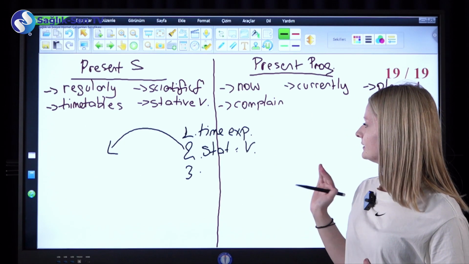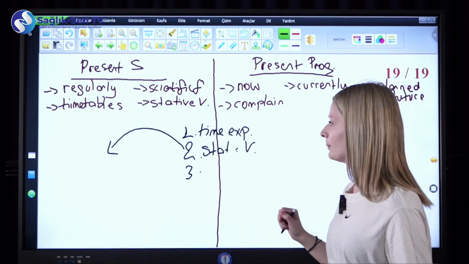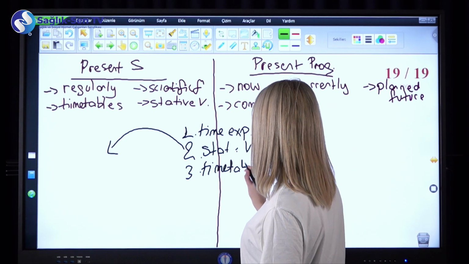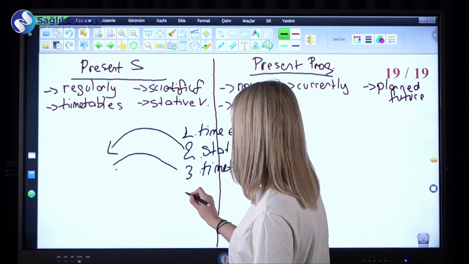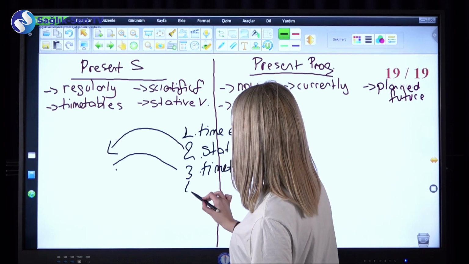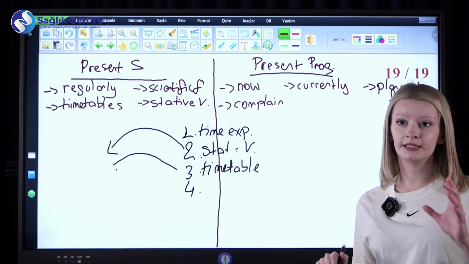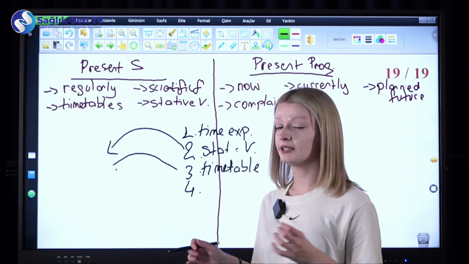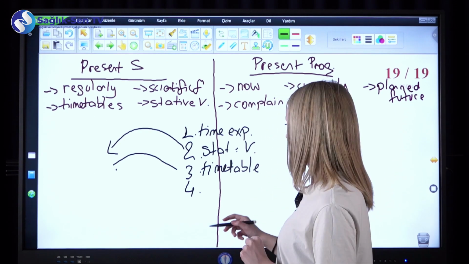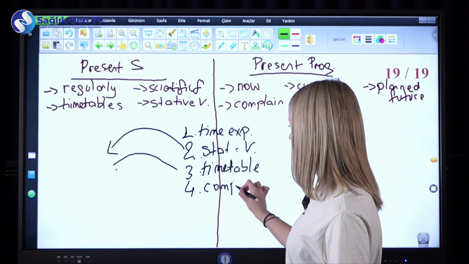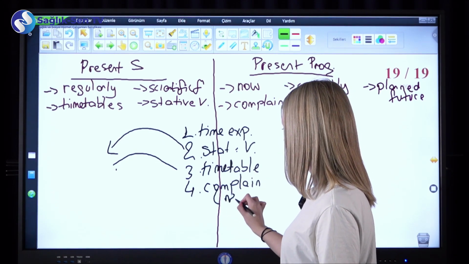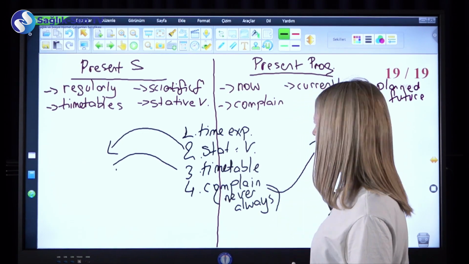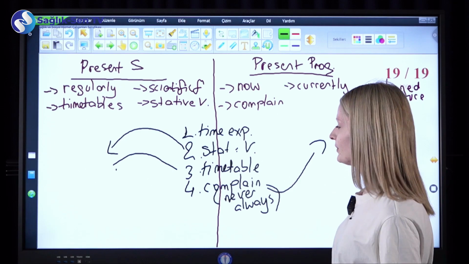Okay, let's say that there's no stative verb, but there is a timetable. Then again, goes here. If we look at the time expression and there's always or never, but the meaning contains complaint, so it goes to present progressive side.